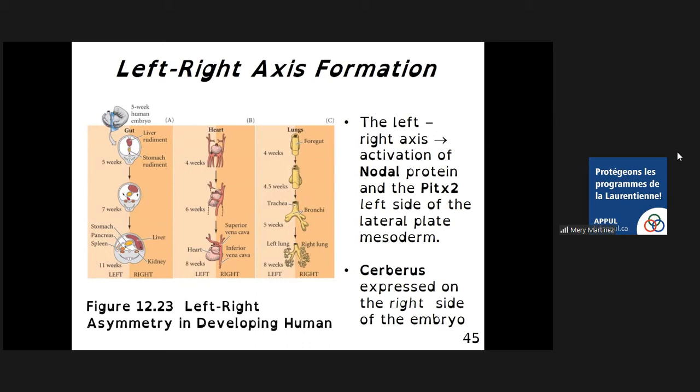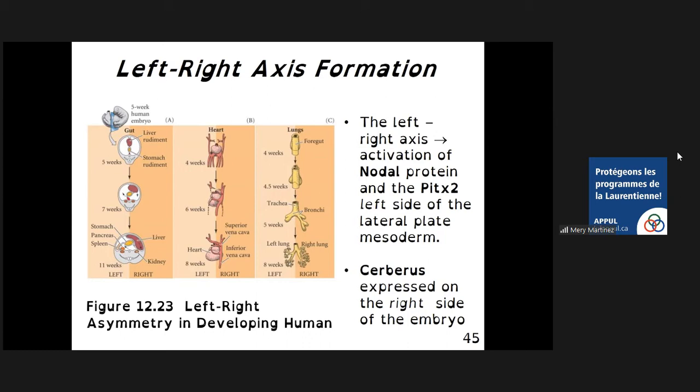So this is very conserved through vertebrates. Cerberus, we know, is normally expressed on the right side of the embryo, and that is an inhibitor of the nodal protein.